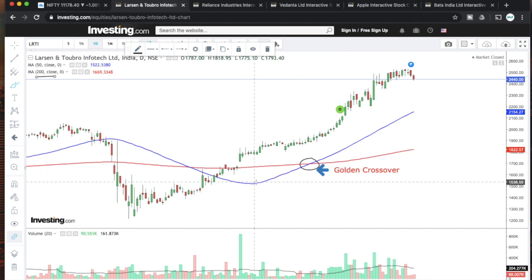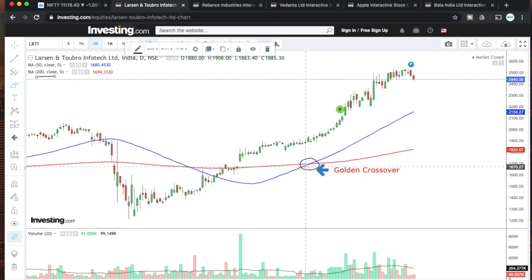So if your 50, or the short term number, goes above that 200-day resistance, this means things have become really bullish. This can be driven by some fundamental events happening in your asset, or maybe something has happened in your stock or whatever asset you are trading. Things have exploded, and this is denoted by the 50 moving average going above the 200 moving average.